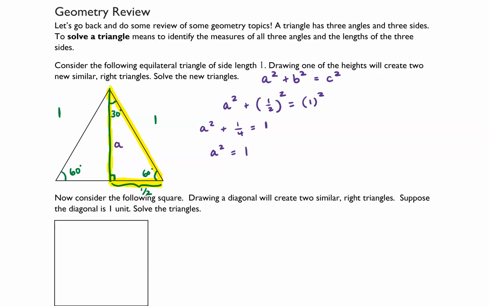And that's going to say that a squared is equal to 1 minus 1/4. And I'm going to find a common denominator. So that's going to say that a squared is equal to 4/4 minus 1/4, and we get that a squared is equal to 3/4. Now, I want to take the square root of both sides.